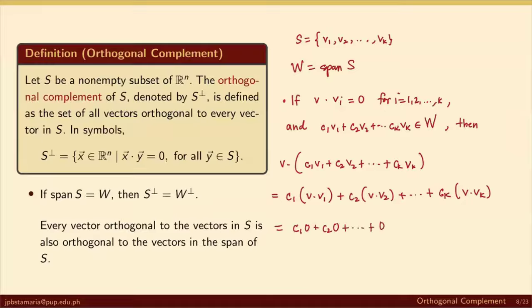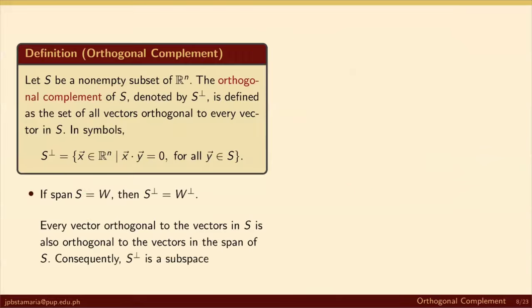And that's why, as I said, when a vector is orthogonal to all elements of S, it's going to be orthogonal to every vector in the span. And you know what its consequence is? The consequence is that S perp is always going to be a subspace regardless.